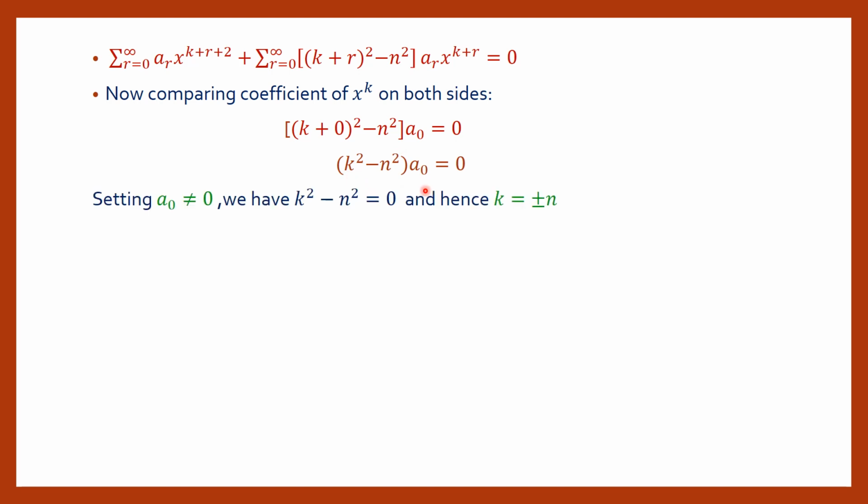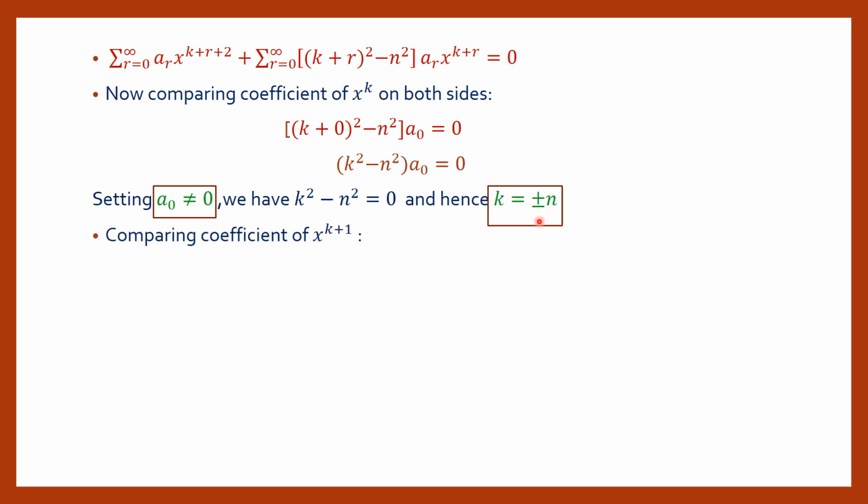Now we set a0 not equal to 0, because whenever a product of two terms is 0, either the first expression should be 0 or the second expression should be 0. Here we are setting a0 not equal to 0. That means surely k square minus n square should be 0, which means k square equals n square, or k equals plus or minus n. So these results are important, and we have to use them in the upcoming steps.